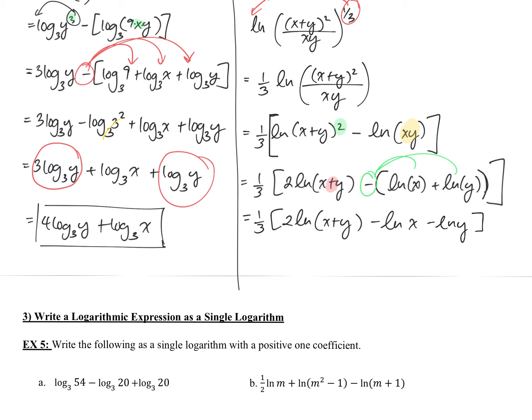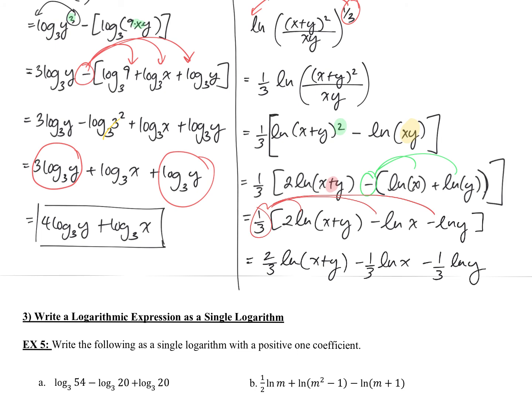It's hanging out there on the side. So we'll go ahead and bring that into all of them. And we have 2/3 natural log of x plus y minus 1/3 natural log of x minus 1/3 natural log of y.